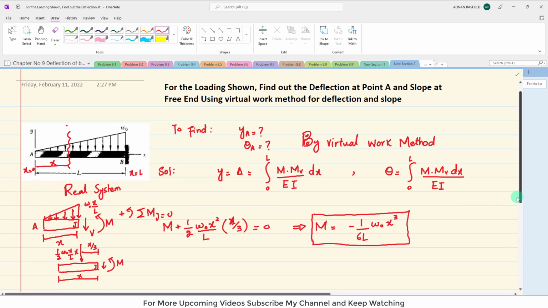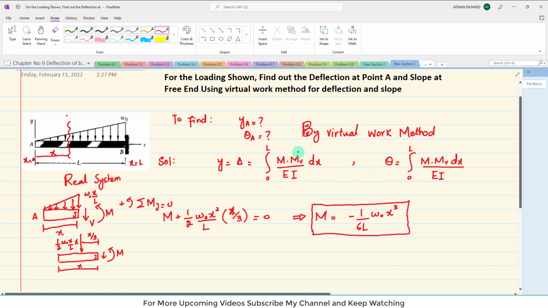Okay. Now we have to find the moment for the virtual system. So you have to draw this beam. This is a simply supported beam. This is point A, and there is a support at the end.